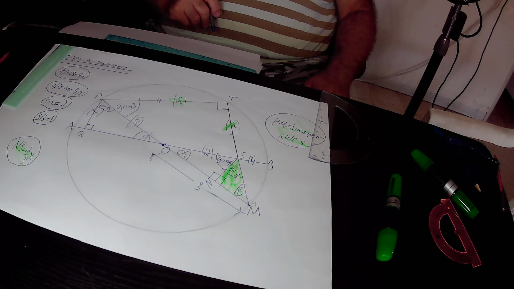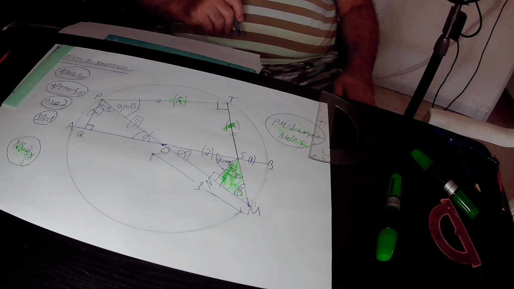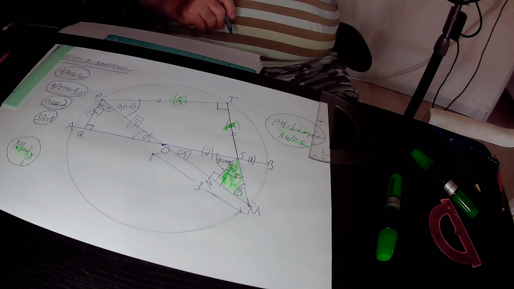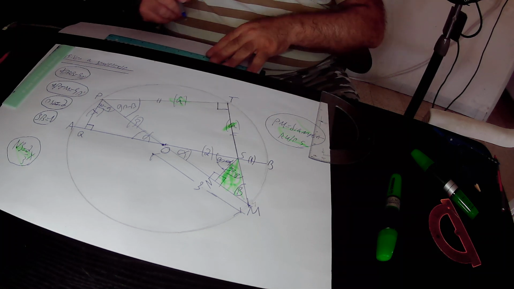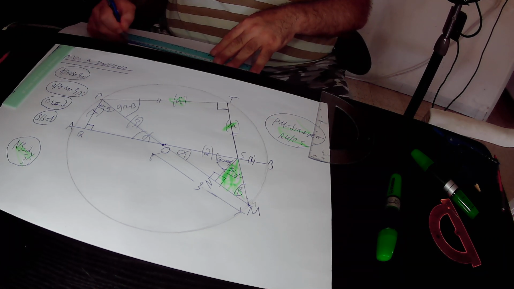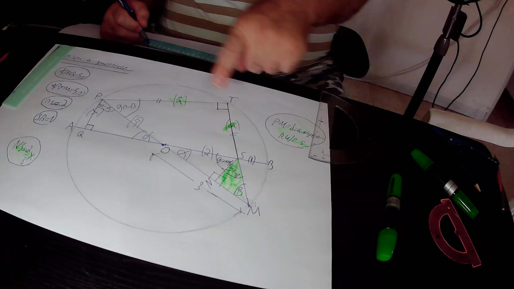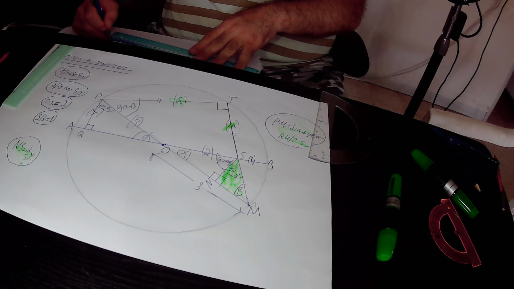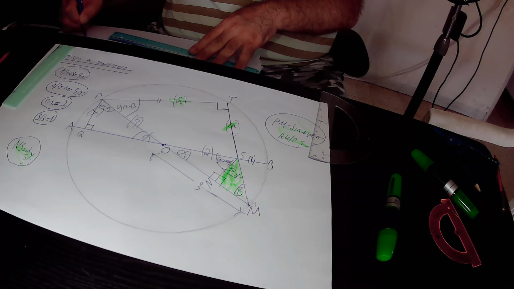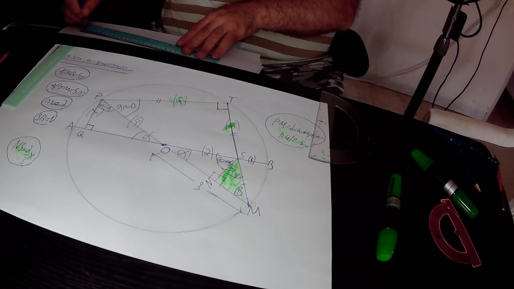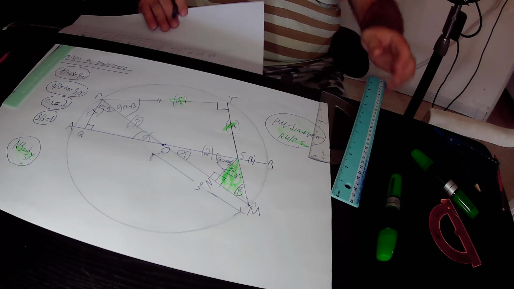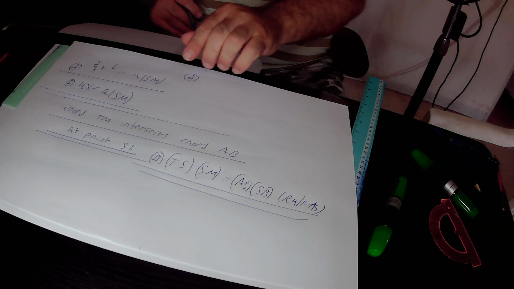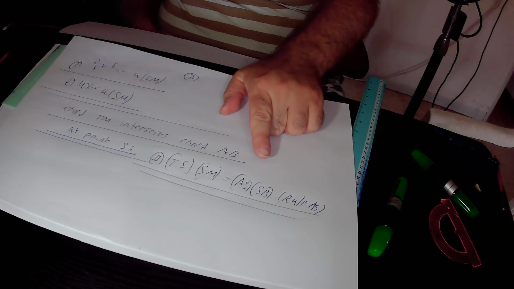So according to rule 15, the following equation will be true: TS times SM equals AS times SB. And again, according to rule 15, TS times SM equals AS times SB.